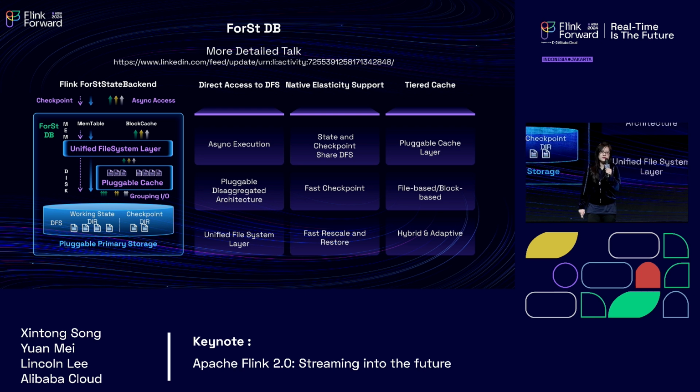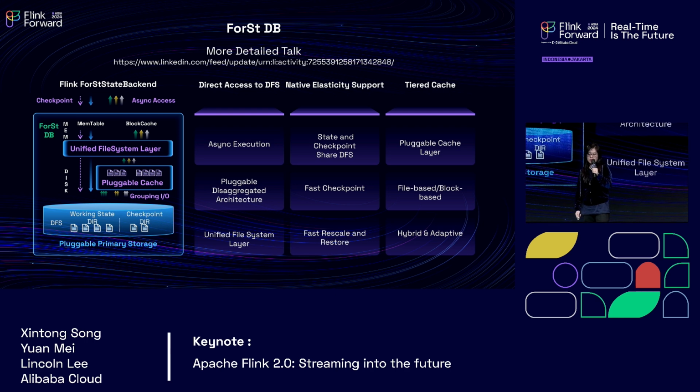The third part is the cache. We all know that when using disaggregated storage, the cache is critical to boost the performance. The local disk is not a must-have, but if we do optionally have a local disk, we should make good use of it.